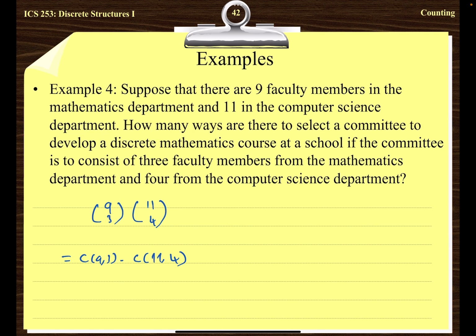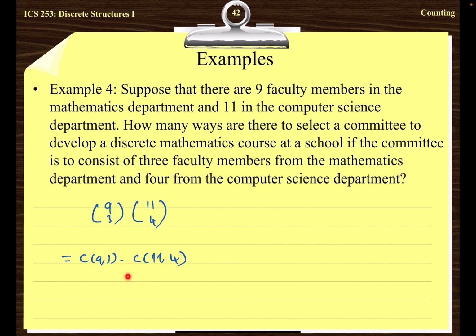In order to count all of them, each one of those can be part of any of the others, right or not? So each group of 3 faculty members from the math department, we can associate them with any of the possibilities from the computer science.